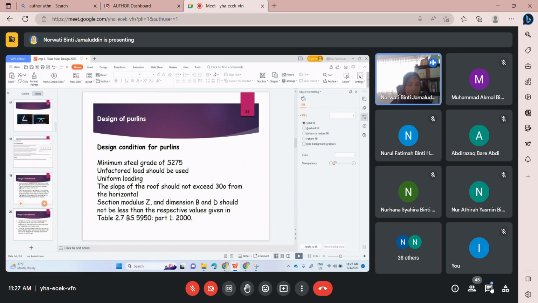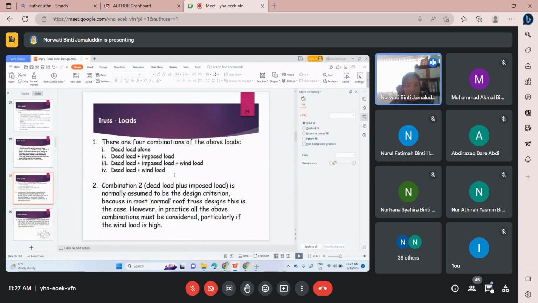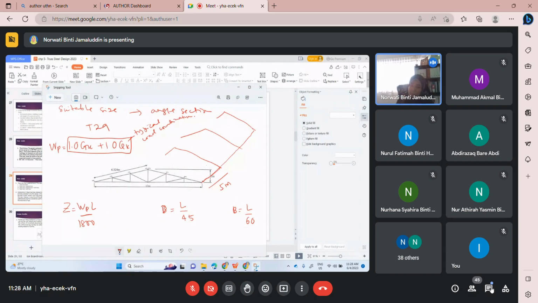You have the form for load combination. If there is a wind pressure that needs to be considered, it is 1.0 GK, 1.0 QK, 1.0 WK. But for the purpose of the example, I just consider the typical load combination, 1.0 GK plus 1.0 QK.